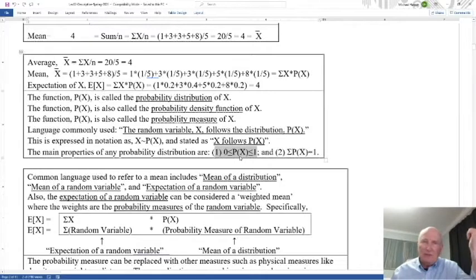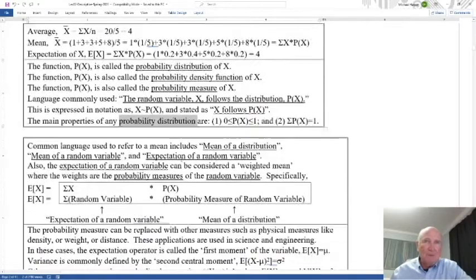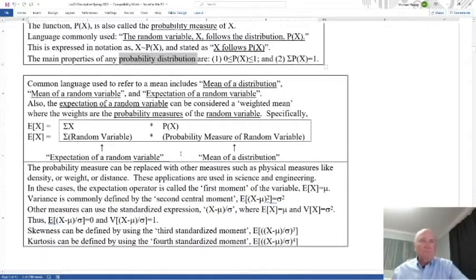It can't be below 0, it can't be above 1. And the sum of all the probabilities is 1. If these two conditions are met, that's sufficient to say that p of x is defined as a probability distribution.